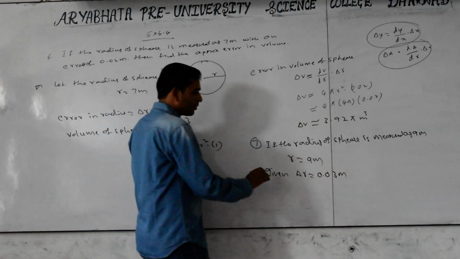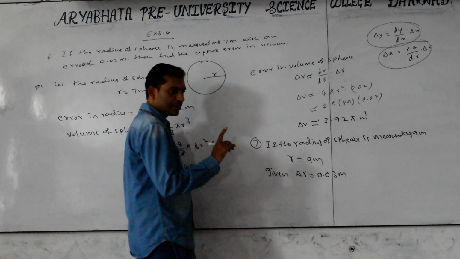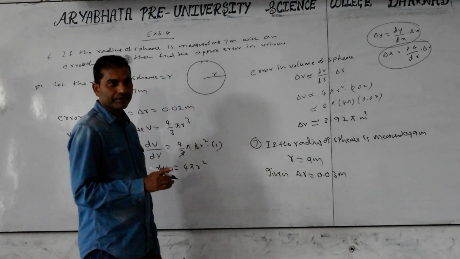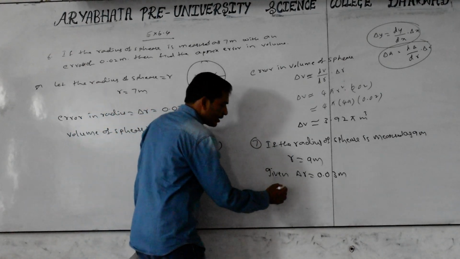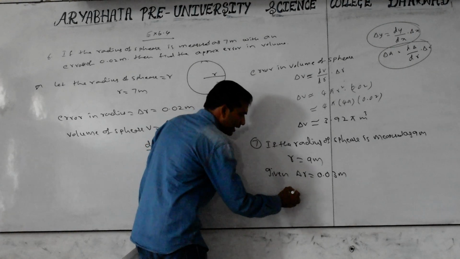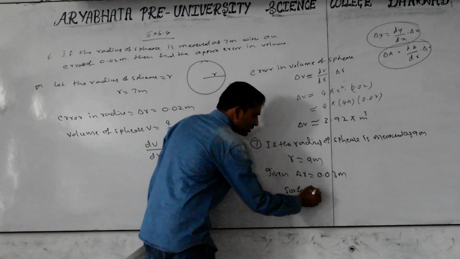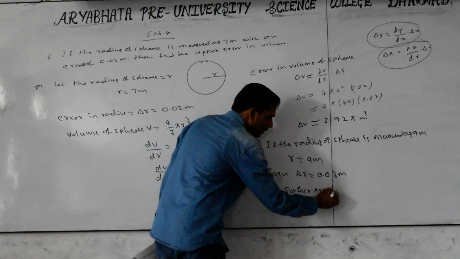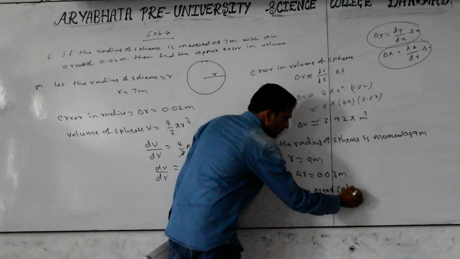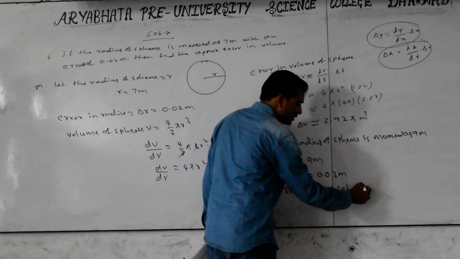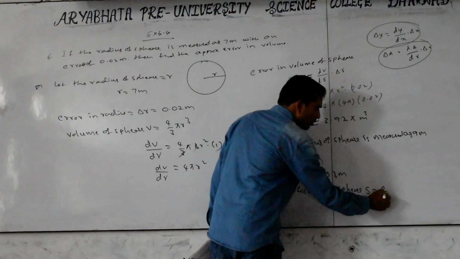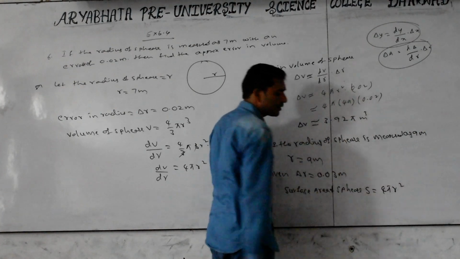Okay. Now we are going to find the error in surface area. The surface area of the sphere S is equal to 4 pi r square.